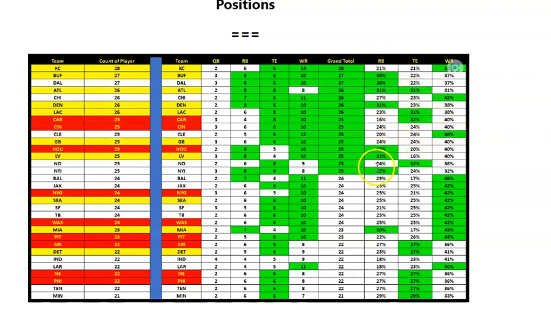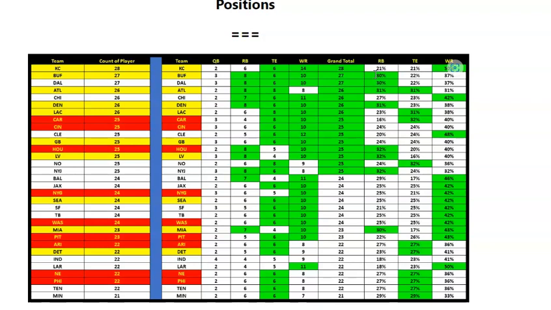There's a lot of running backs, though. If you look in the top, you see 1, 2, 3, 4, 5, 6, 7, 8 teams with 30% or better, and 90% of those teams are in the tops.